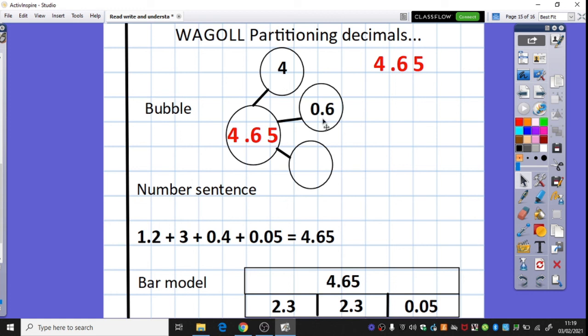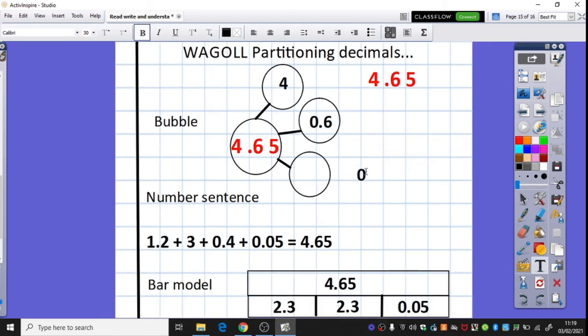Well, what's missing from my number? If I put my number back together, I'd have 4.6 at the moment. I'm missing my 5/100ths. So I now know how I need to record 5/100ths. It's 0.05, not 0.5, because that would be 5/10. And altogether then, I've created 4.65.